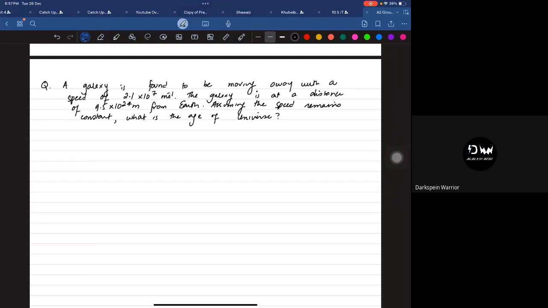So obviously in this question, you guys need to find the Hubble constant first using the law, and then from that, the age of universe using 1 upon Hubble constant. Let's see if you guys can do that.